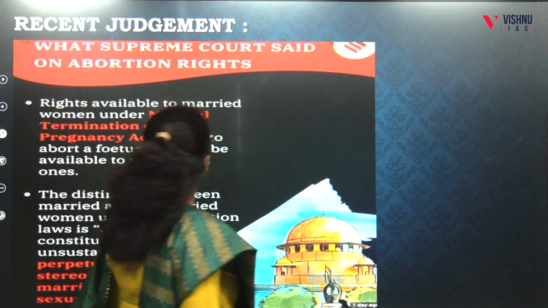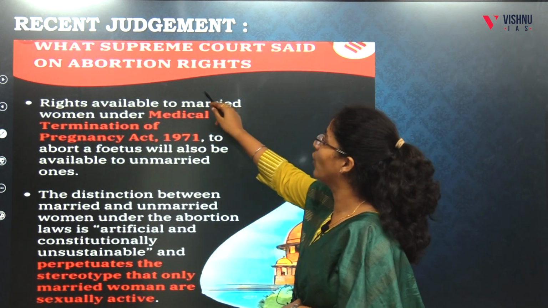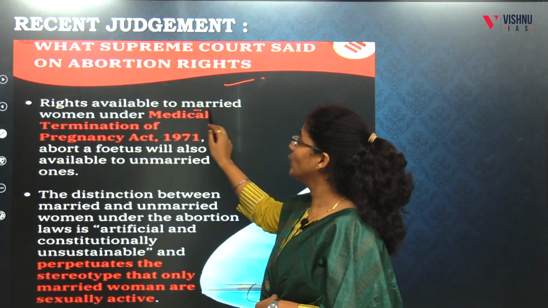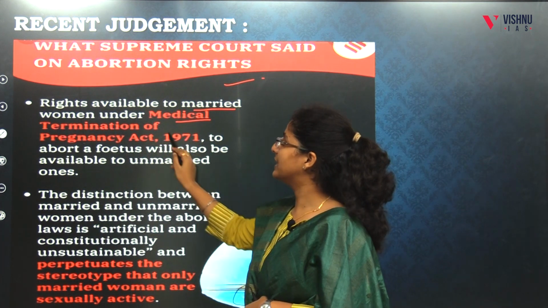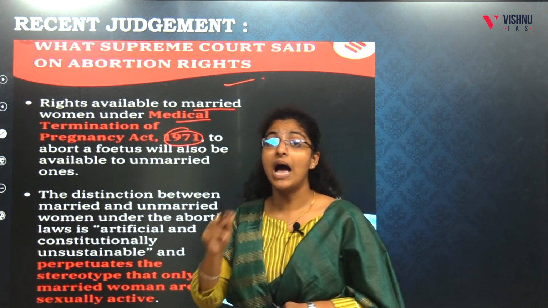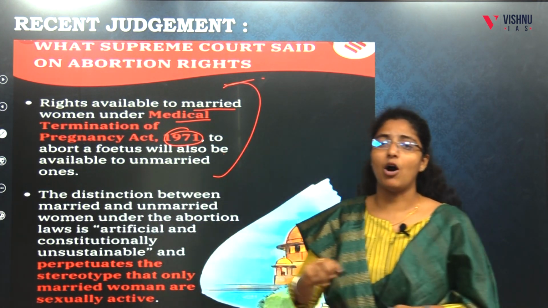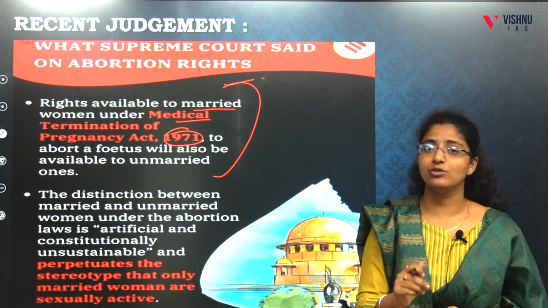Next, the recent judgment: here is what the Supreme Court said on abortion rights. Rights available to married women under the Medical Termination Act of 1971 to abort a fetus will also be available to unmarried ones. This is a very significant step of the Supreme Court towards the rights of a woman.